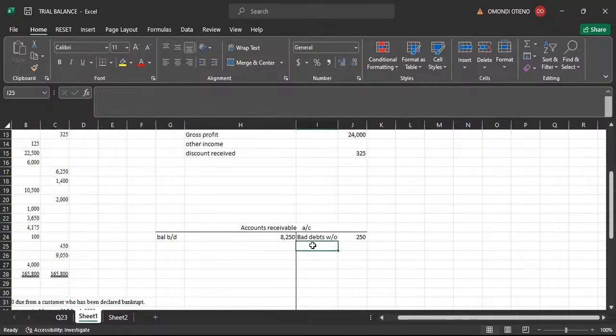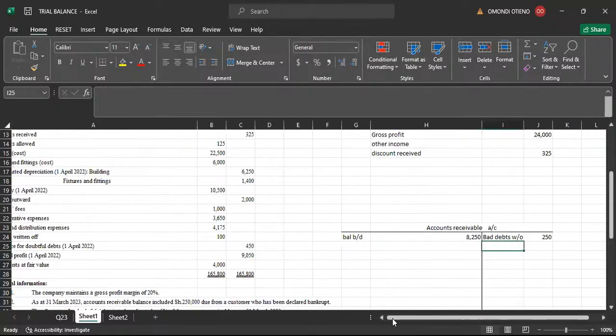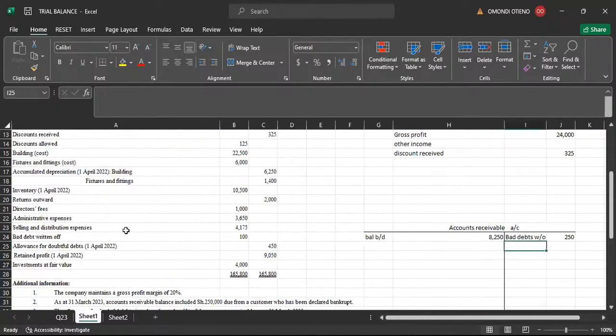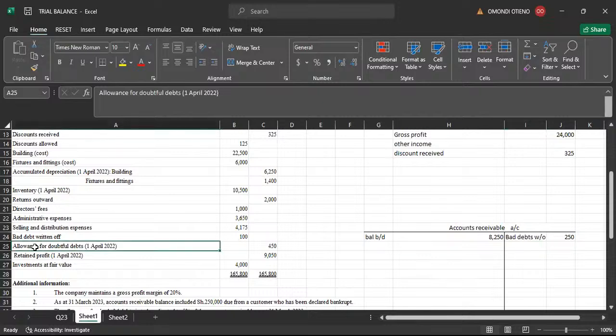So the provision for bad debts also reduces our account, the expected amount that we expect to receive. The provision for bad debts, or allowances for doubtful debts.